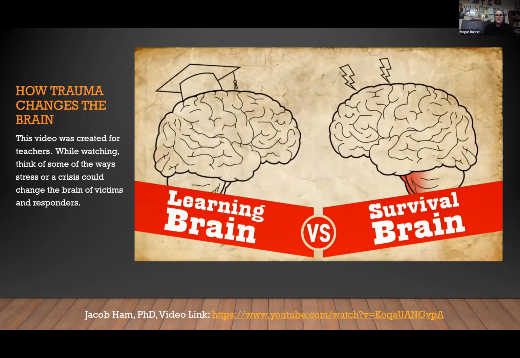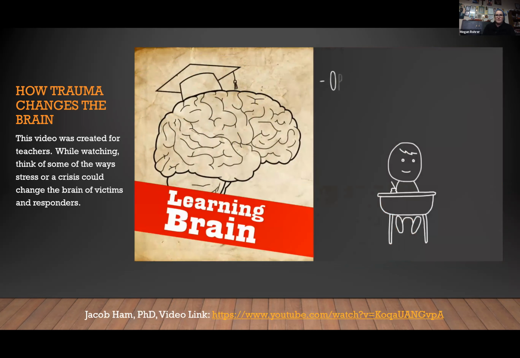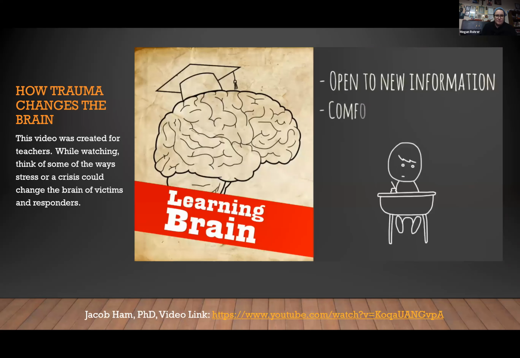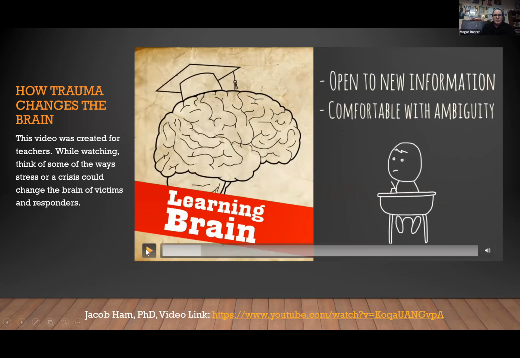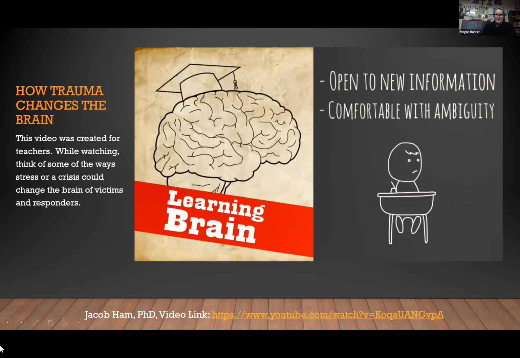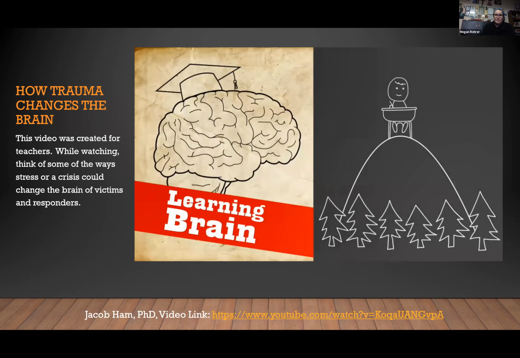So learning brain is this brain that's open to learning new information, and it's completely okay with ambiguity and gray and vagueness, and it sees the big picture. It pulls back and is on the balcony, can look over the forest and figure out what's going on.